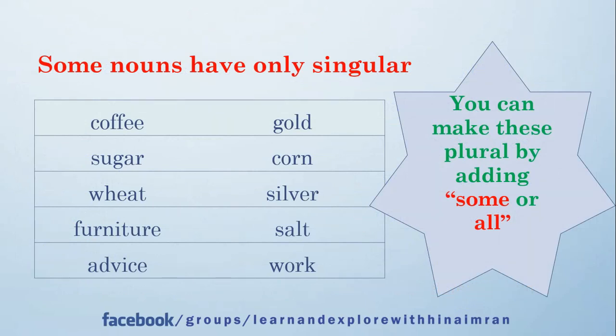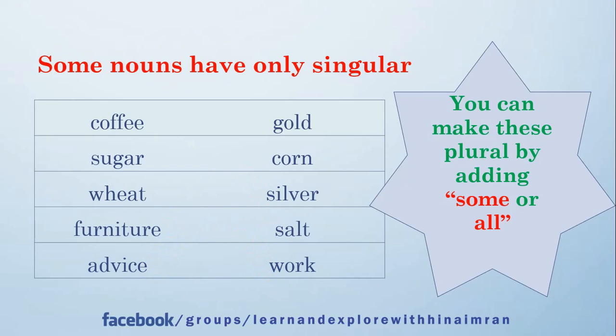Some nouns have only singular. You can make these plural by adding some or all. Coffee, gold, sugar, corn, wheat, silver, furniture, salt, advice, work.